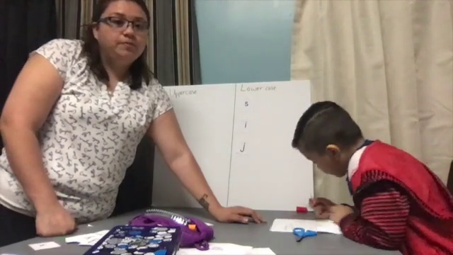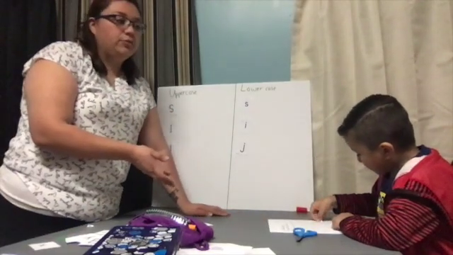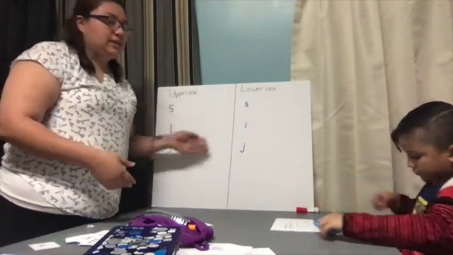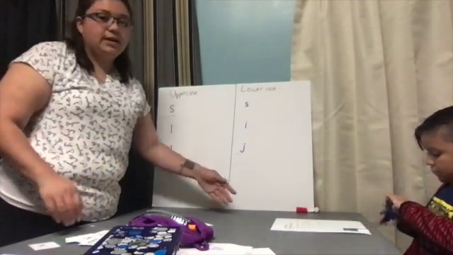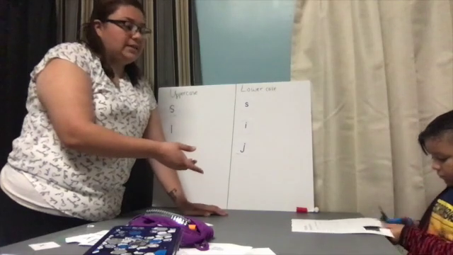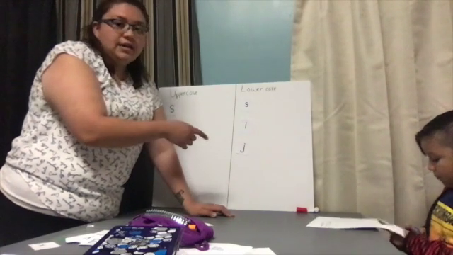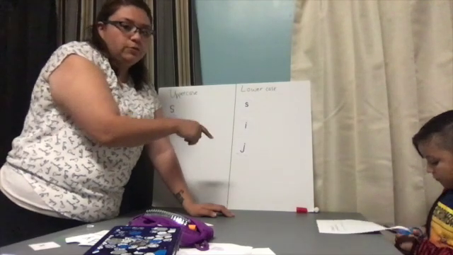I told him the routine of how we were doing it, uppercase, lowercase. So what he's doing right now is exactly what I had told him to do when we were doing the bulletin board.